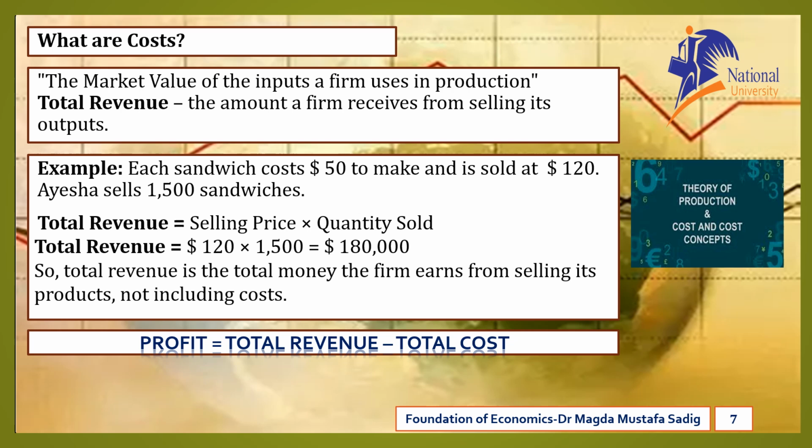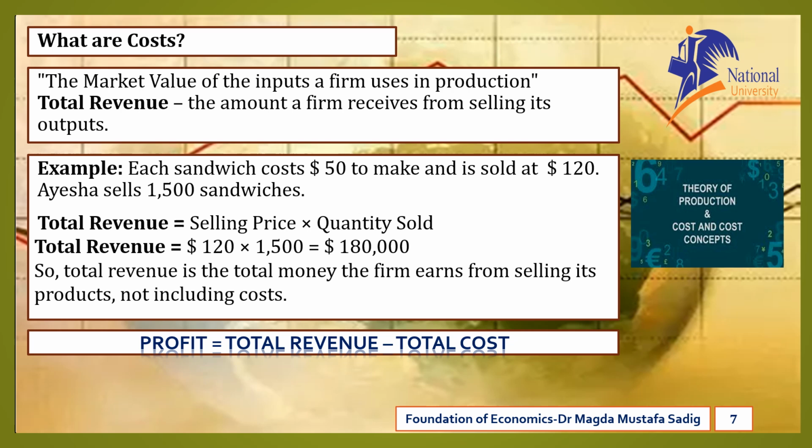The total revenue will be equal to selling price multiplied by quantity sold, which is 120 multiplied by 1,500, which is equal to $180,000. So Aisha earns $180,000 from her sandwich sales. But remember, this is not her profit. She still had to spend money to make those sandwiches.